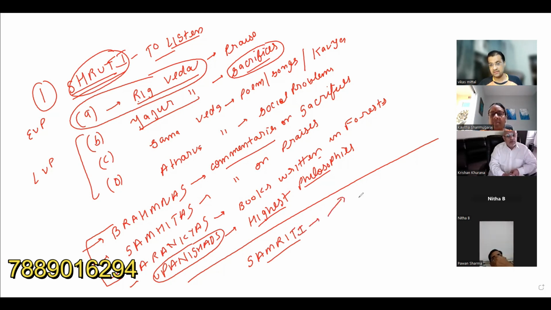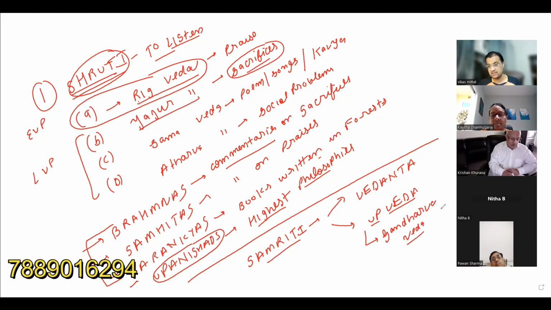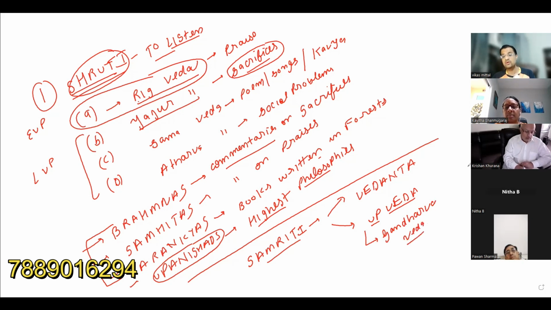There are two things. One is Vedanta, and one is Upveda. Upveda means the next part of Vedas. So upvedas are four types. One is Gandharva Veda. Gandharva Veda means to sing a song at a particular time, in a particular season.